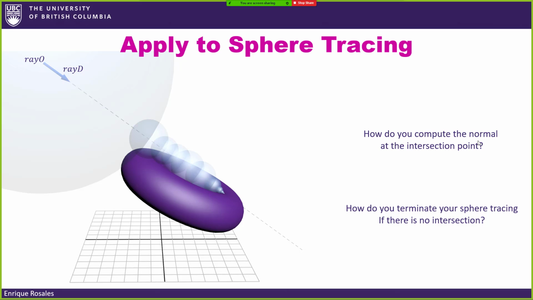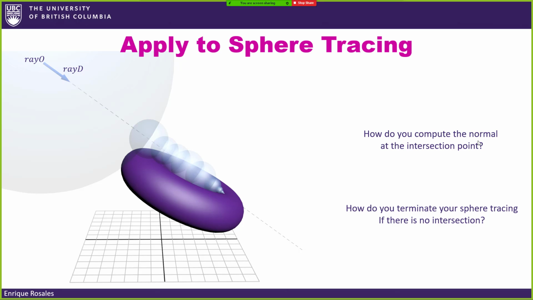I'm using a different strategy. In this case, the strategy I'm using is using vectors to decompose and find the closest position to the torus. So none of these surfaces is a signed distance function.